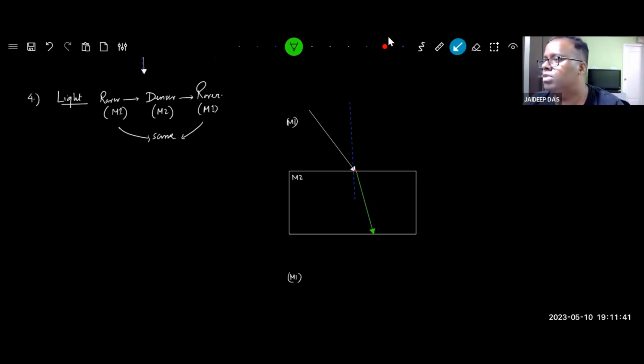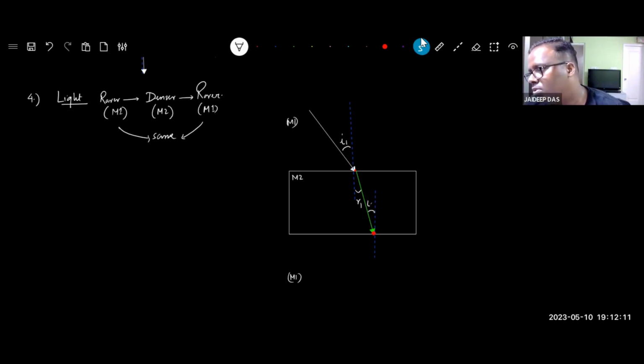Where is the point of incidence? The point of incidence is now here. A little bit smaller. And now make the next normal at this surface. Next normal. Right? So this is my angle of incidence, I call it I1, and this is my angle of refraction R1.